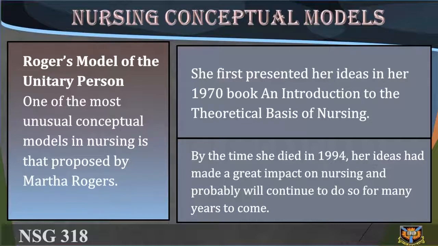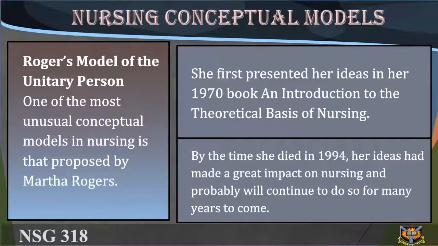Rogers' model of the unitary person. One of the most unusual conceptual models in nursing is that proposed by Martha Rogers. She first presented her ideas in her 1970 book, An Introduction to the Theoretical Basis of Nursing. By the time she died in 1994, her ideas had made a great impact on nursing and probably will continue to do so for many years to come.